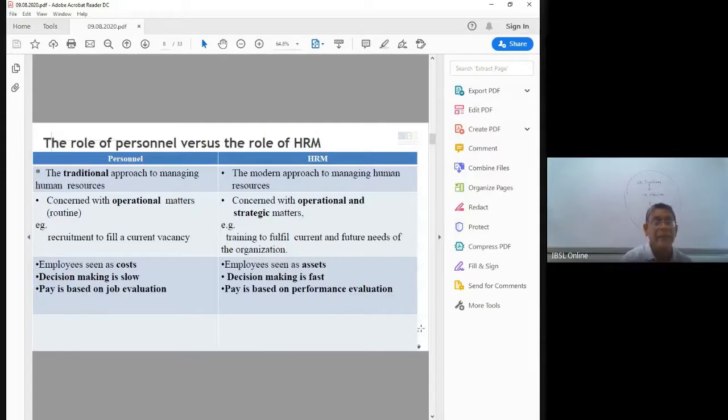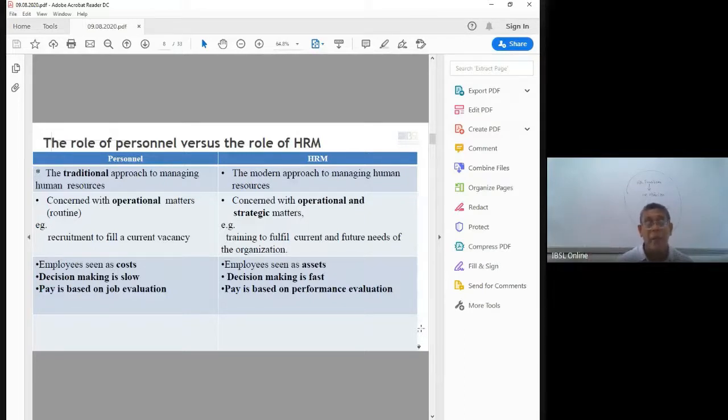Okay, so in personal management, decision making is very slow. But in HRM, decision making is very fast. So they have identified the importance of HR. And remember, in personal management, pay or reward is based on job evaluation, based on the job.